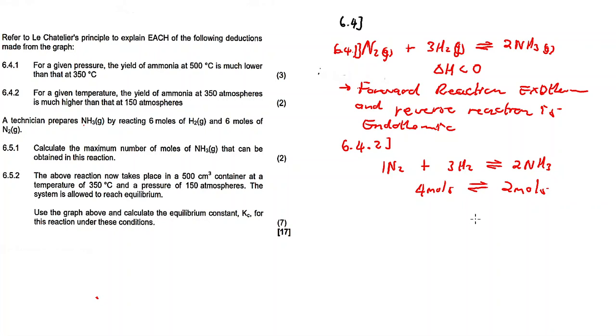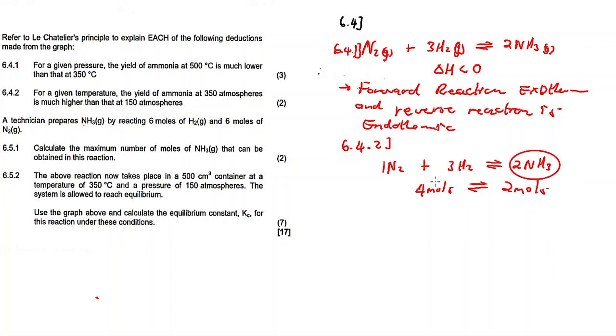So an increase in pressure always favors the side with the least amount of moles. So the forward reaction is always favored whenever there's a higher pressure. So it means the forward reaction is favored and more ammonia will be produced.